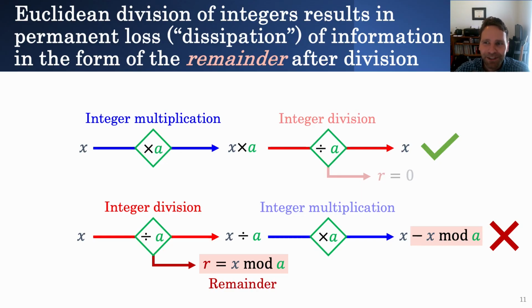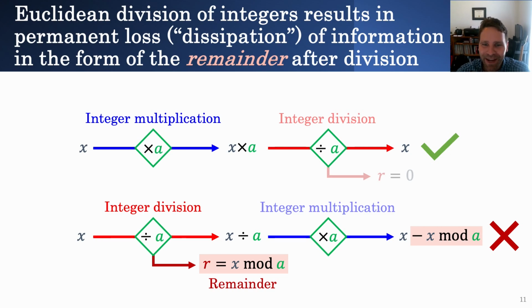Every time we do a division operation, we're losing information in the form of this remainder after the division. That information, effectively a bunch of bits in our simulation state that gets thrown away, is crucial information that we need if we want to reverse this operation and go backwards in time or backwards through the computations. So the real question is, can we preserve that information somehow?